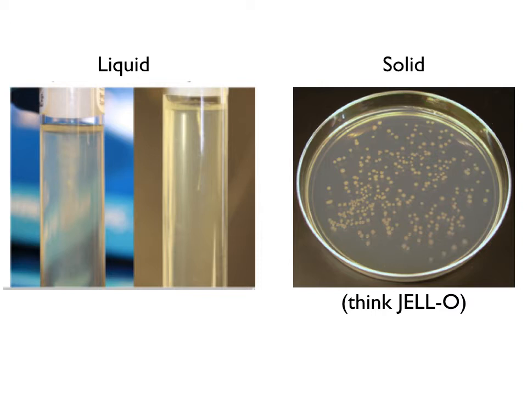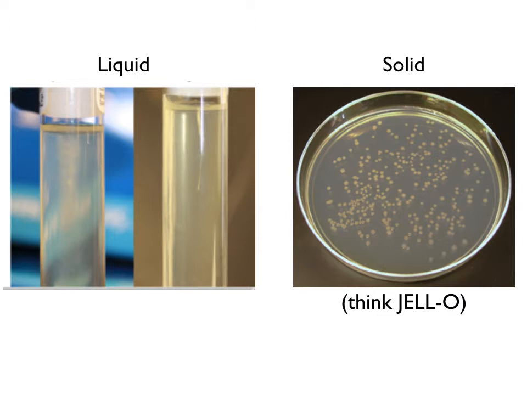Okay, so this might be something that you've seen before if you have, let's say, a fish tank that gets dirty or something that goes bad in the fridge that's got a bacterial culture growing in it. It goes from being clear to cloudy. On the right, we have a bacterial plate.